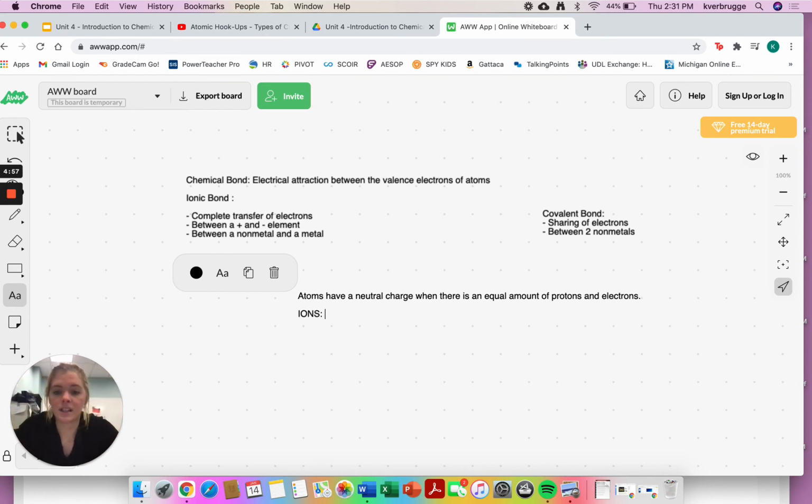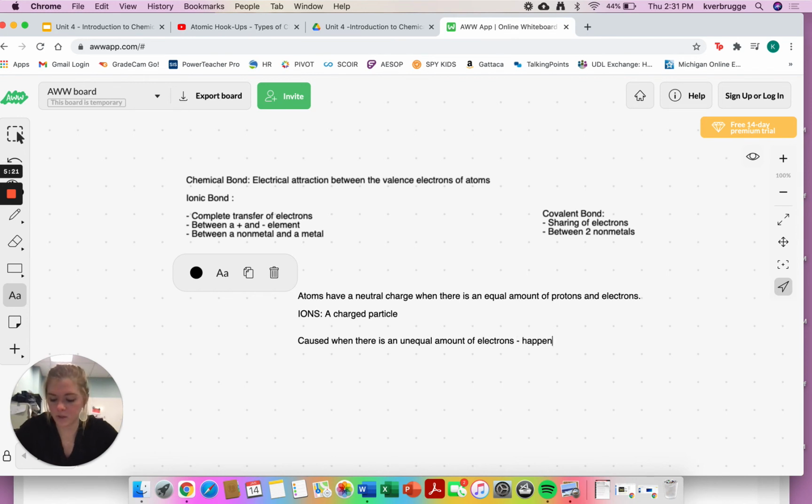However, we have these things called ions, and we've again already learned about ions. We know that an ion is a charged particle. And these ions are caused when there is an unequal amount of electrons.